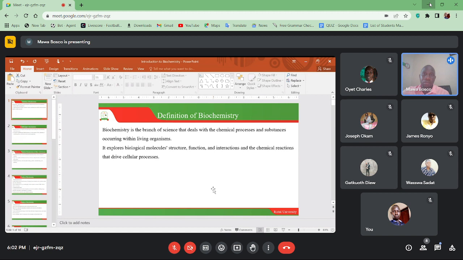Let me give you one example for nutrition students. Here we have what we call lactose intolerance. There are people who cannot take milk, for example. Lactose is the sugar in milk.